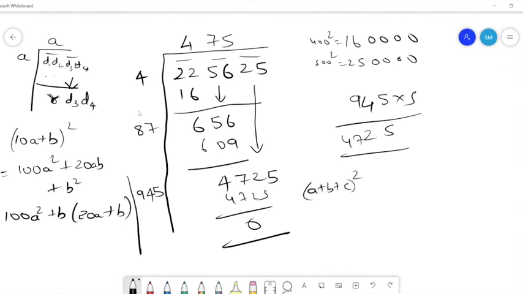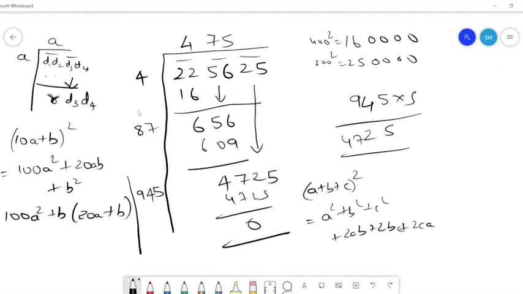So the thing is, there are 2 things. One is getting simplification algebraically, and then converting it into a neat algorithm. So let us just get the algebra. a plus b plus c whole square is a square plus b square plus c square plus 2ab plus 2bc plus 2ca.